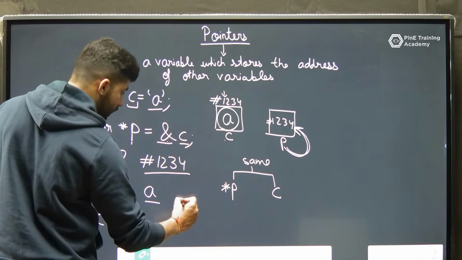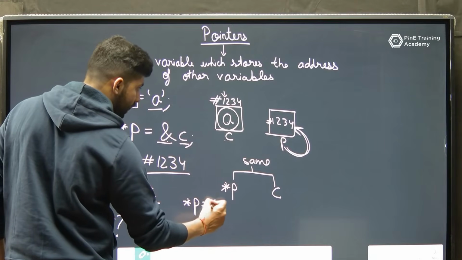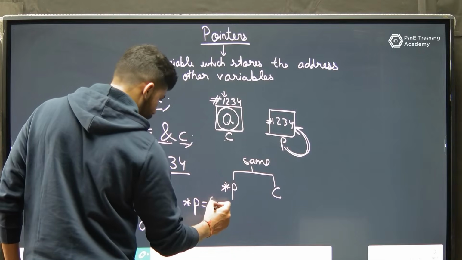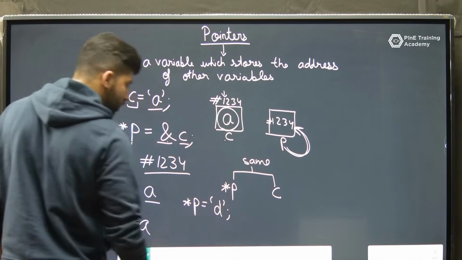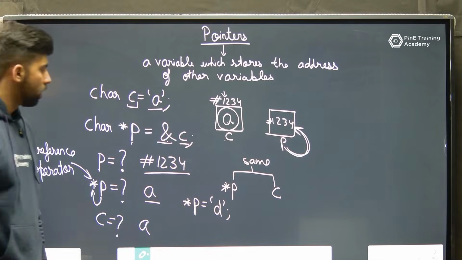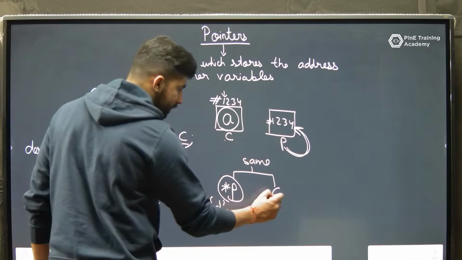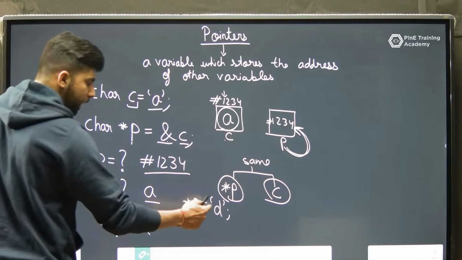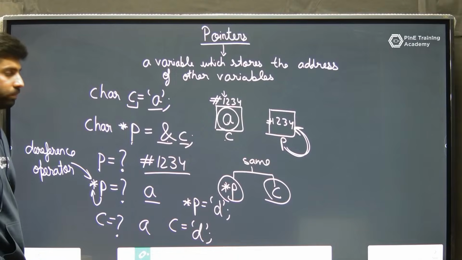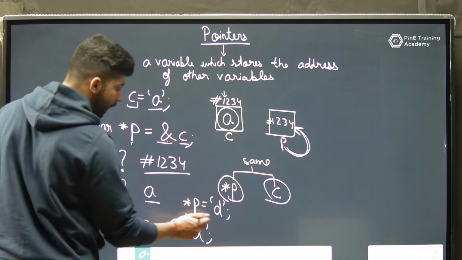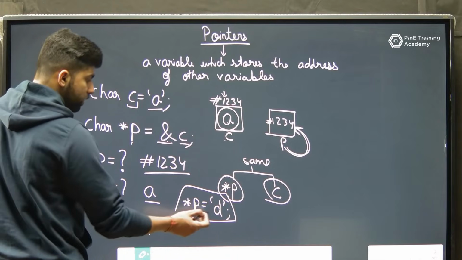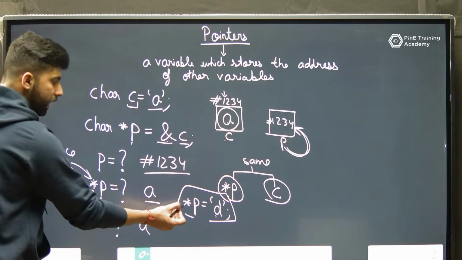If I try to change it, if I write star P equals 6, or since it is a character, let's give a character only. Suppose I write star P equals D. Since I said star P and C are the same, star P equals D is similar to C equals D. Writing this statement will change the value here because I'm dereferencing it.